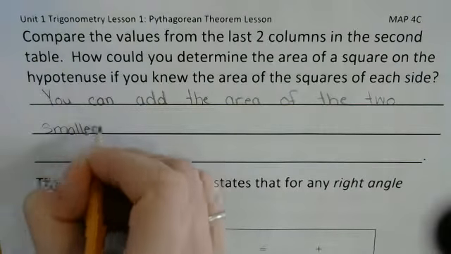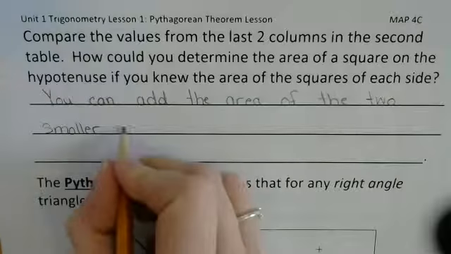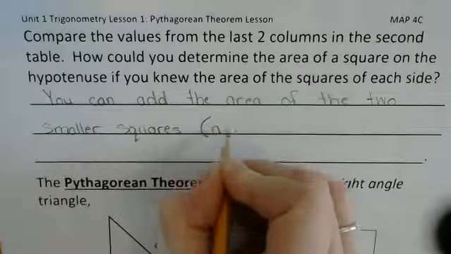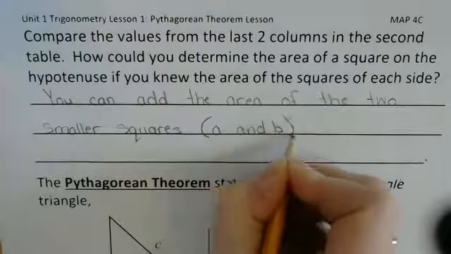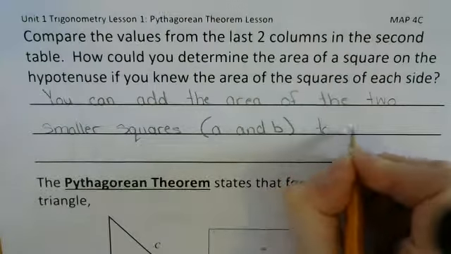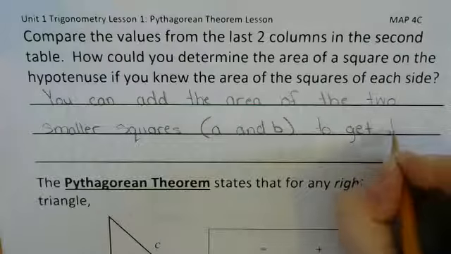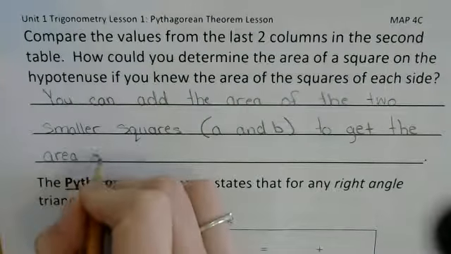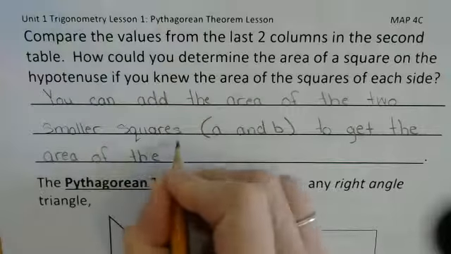Remember the longest side is the hypotenuse. Add the smaller squares, A and B, to get the area of the larger square.